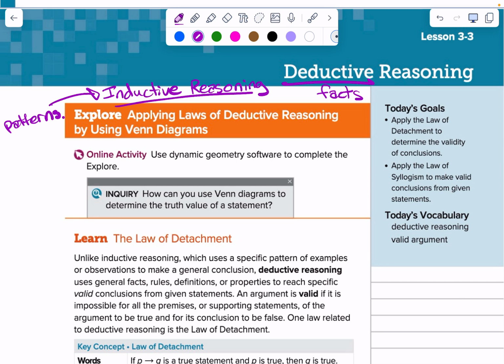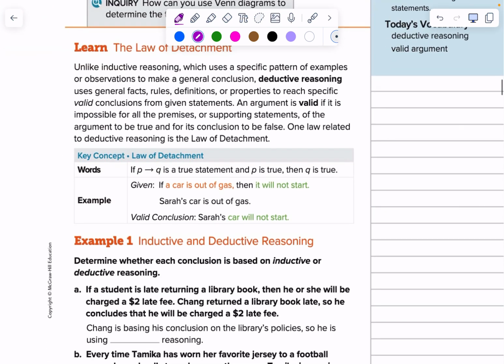So remember, inductive reasoning is patterns, deductive reasoning is facts. I'm not putting patterns into a formula and coming up with a conclusion. Got it? All right.